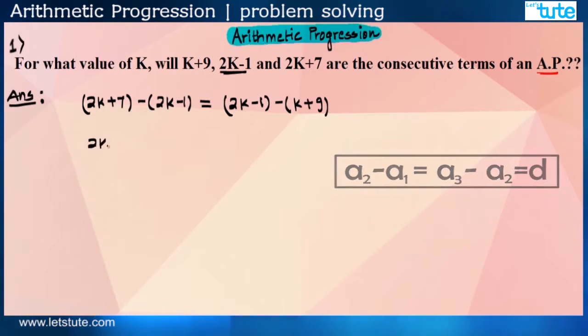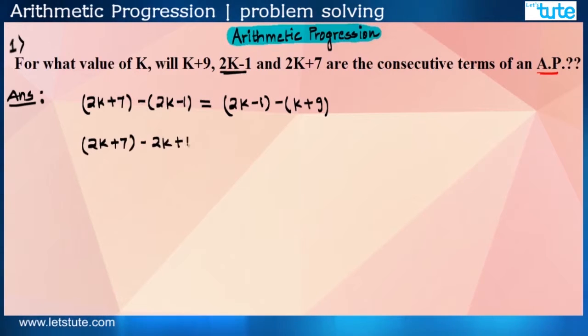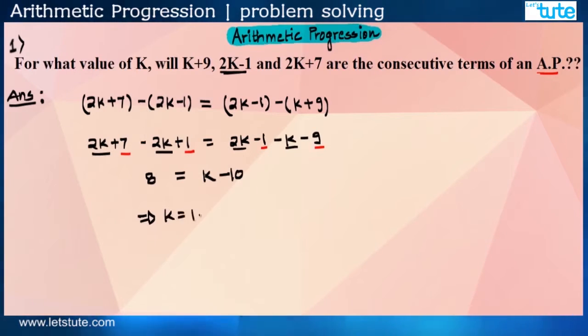We'll be a little fast over here. So for the value of k equal to 18, we'll get these three consecutive terms forming an arithmetic progression.